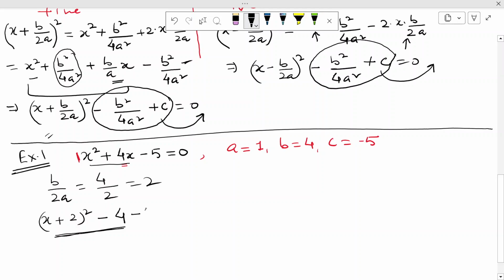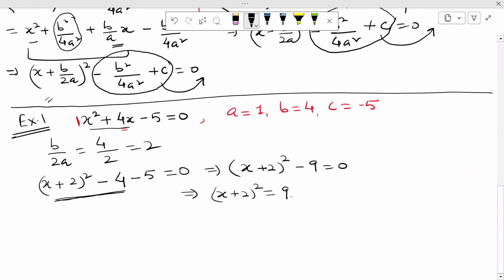Now additionally we are having minus 5 is equals to 0, and this will give you x plus 2 whole square minus 9 is equals to 0, and from here you will obtain x plus 2 whole square is equals to 9, and this further gives you x plus 2 is equals to plus minus 3.